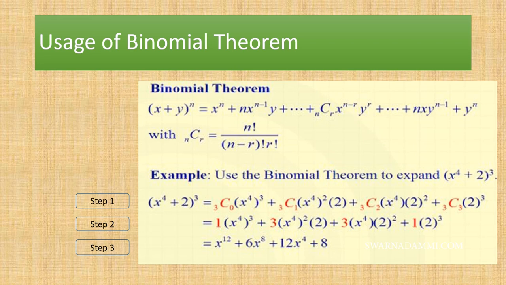See the final step 3: when we simplify (4^x)^3, that gives us 12^x. Likewise we have obtained the next ones, 8 times 6^x plus 4 times 12^x plus 8.